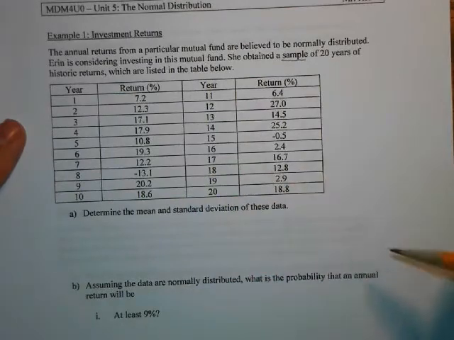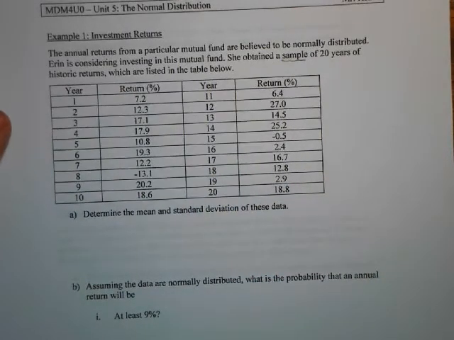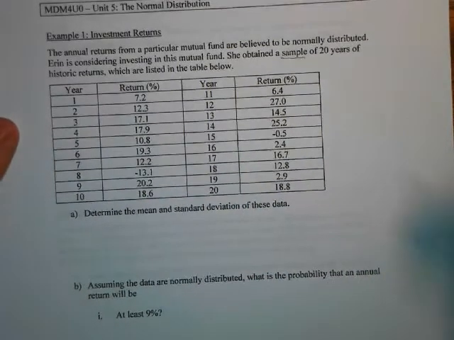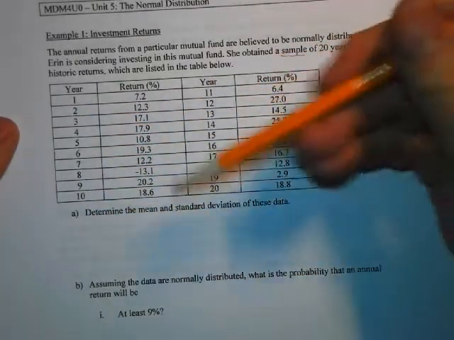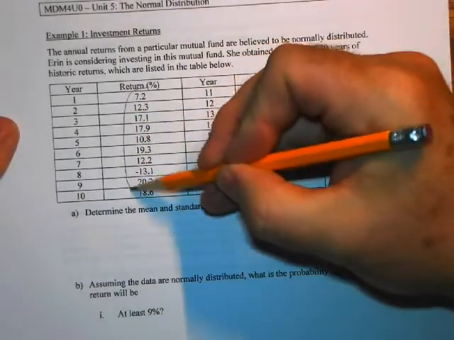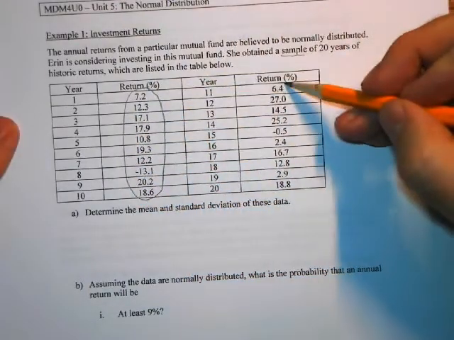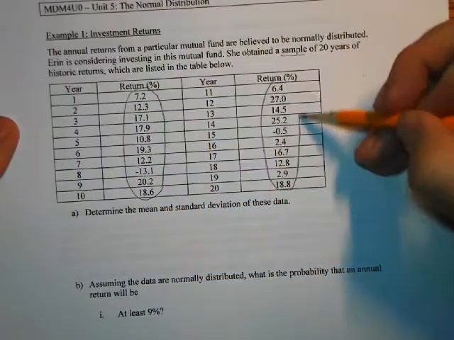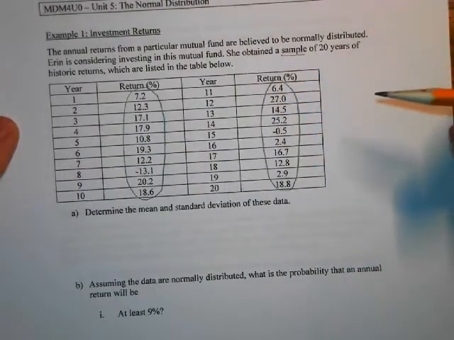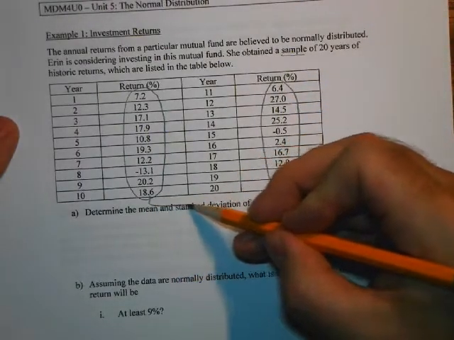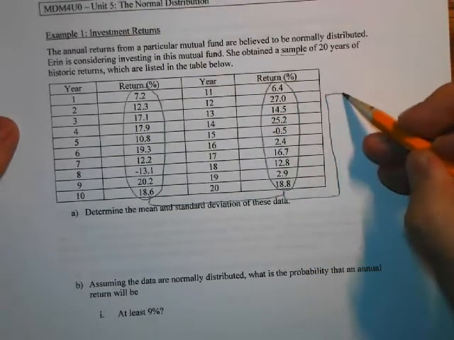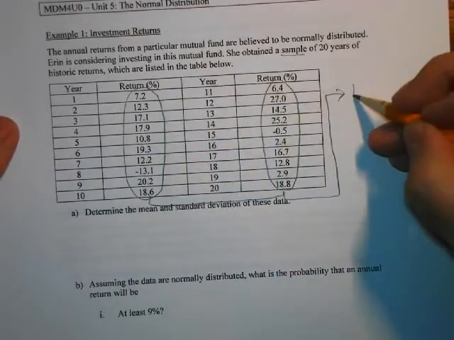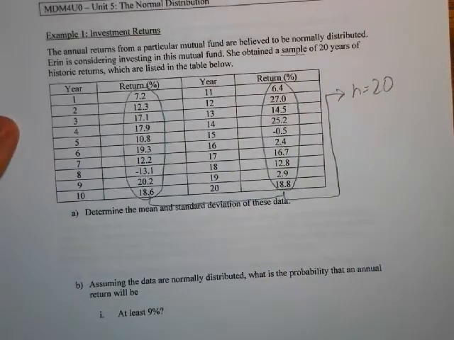So what I would do first is not really interested in the years, that's just kind of an index, but we are interested in all these 20 returns. The order doesn't really matter, this is just a collection. So if I look at just those, we knew it was 20 years, so it's 20 pieces of data, 20 samples.